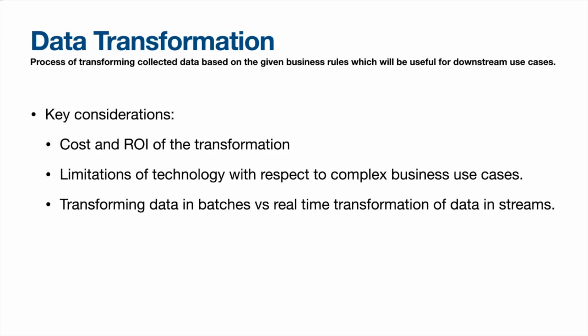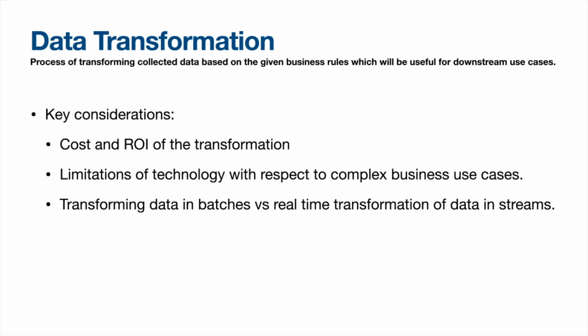Next is the limitation of technology with respect to complex business use cases. As real-time streaming progressed, every team wants data analytics in real time to get the latest insights for their businesses.